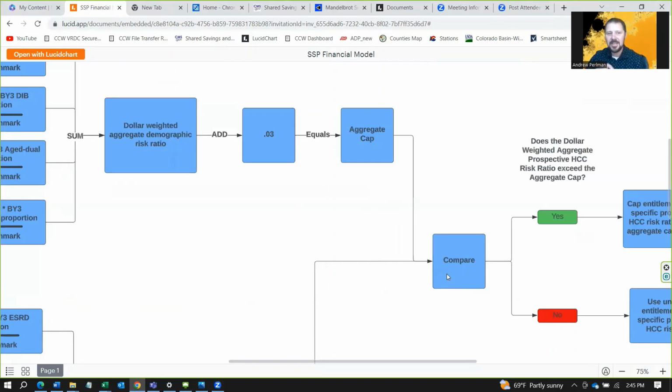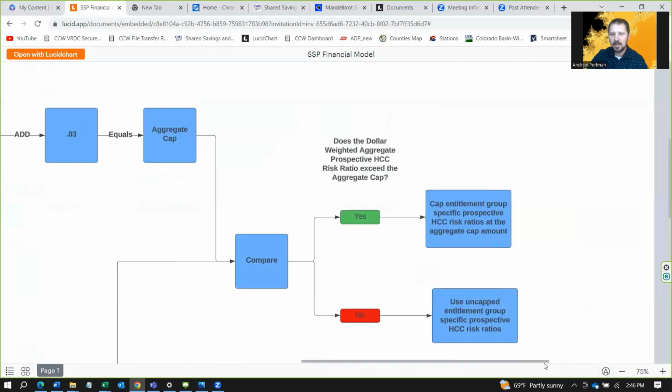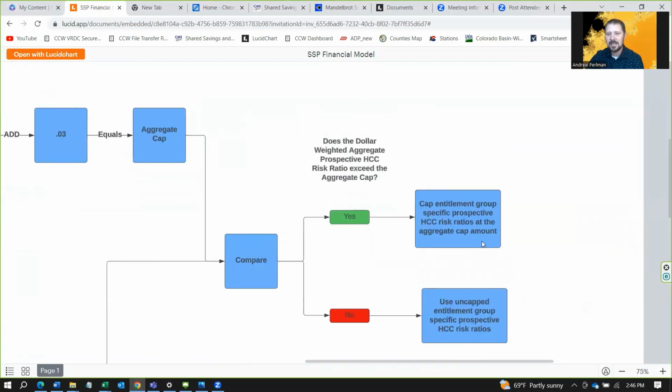If the HCC base without the demographics grew more than that aggregate cap, more than that 3% plus whatever your demographic change was, then they're going to cap you. Now, they go back and only cap those specific risk ratios that are higher than this amount.